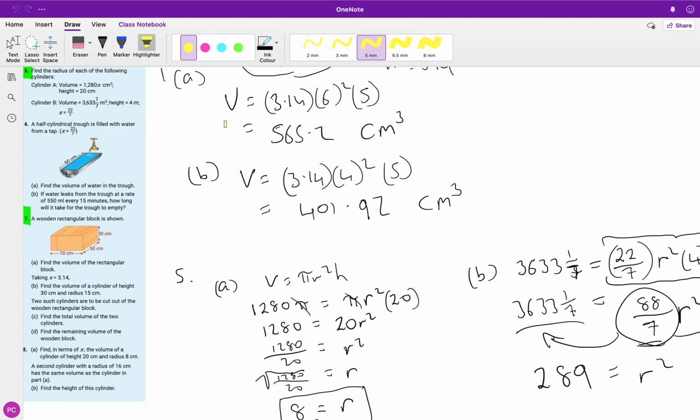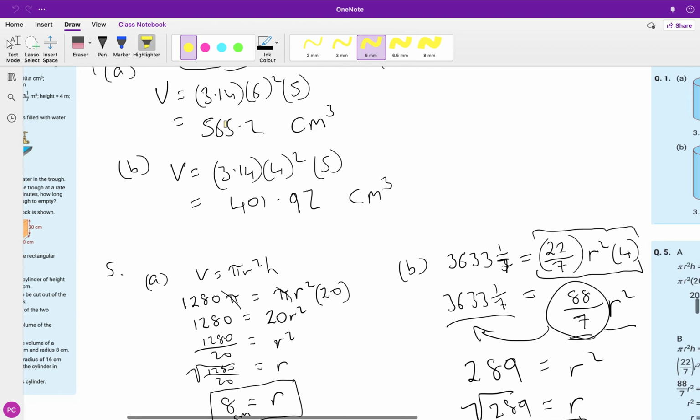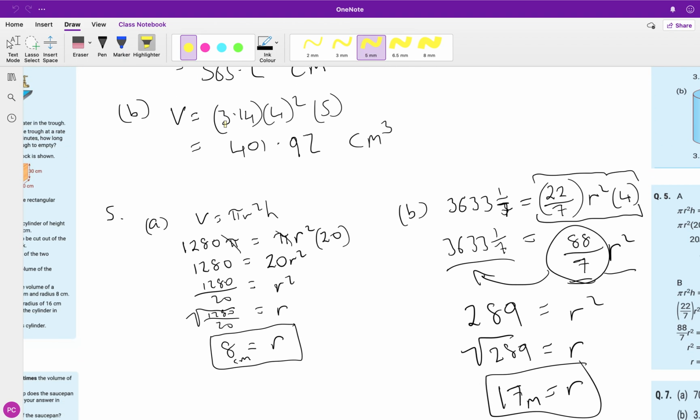Into your calculator. Then to get from r squared to r, r is equal to the root of 289, which is 17 meters. Like so. You can see that, 17 meters.